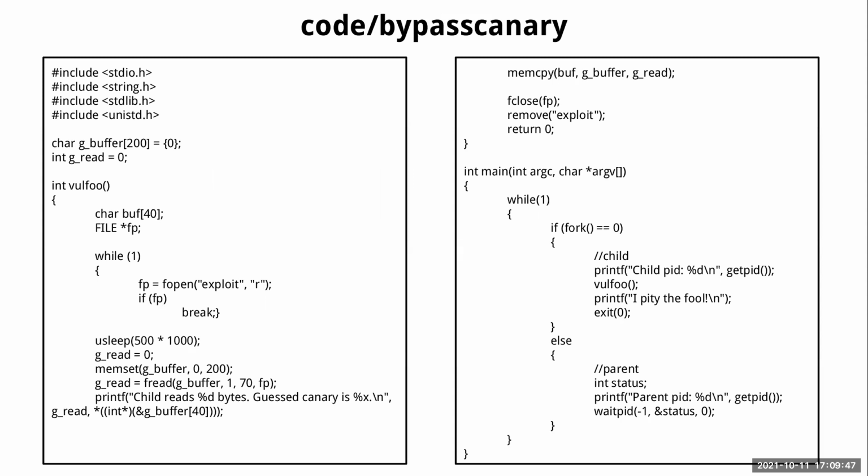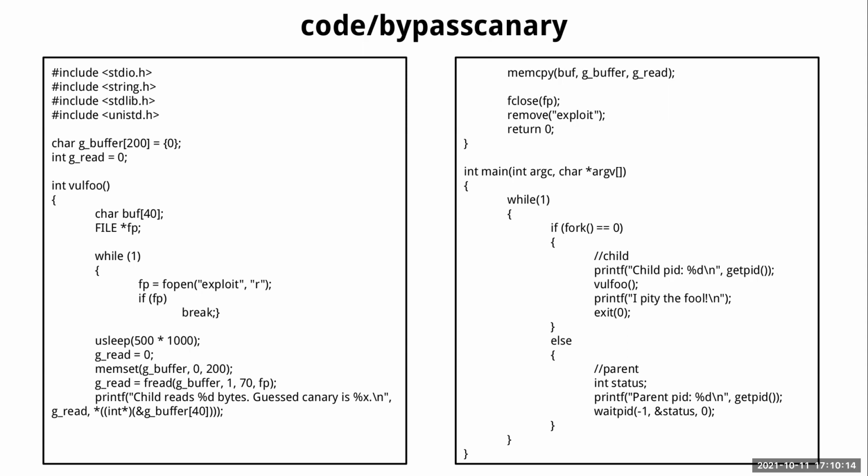So let's look at this vulnerable program again. This is a program I developed specifically for this class. It resembles all the web-facing programs where you have a parent process, and the parent process keeps creating child processes. The difference is the program I created here is simpler.